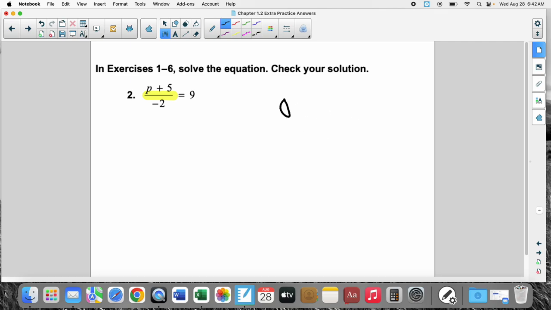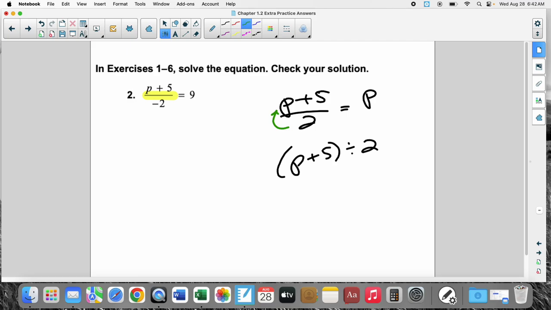You need to understand that p plus 5 over 2 is just like p plus 5 quantity divided by 2. And that 2 is underneath the p and the 5. So if we were going to string it out, we would have p over 2 plus 5 over 2. That's what this is equivalent to.